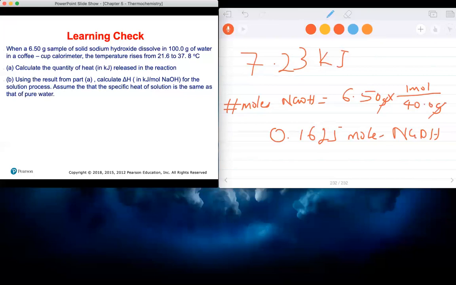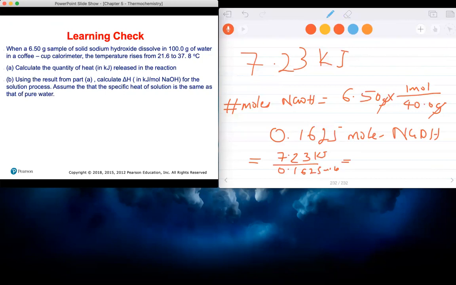From what we got in part A, this means 7.23 kilojoules divided by 0.1625 moles.